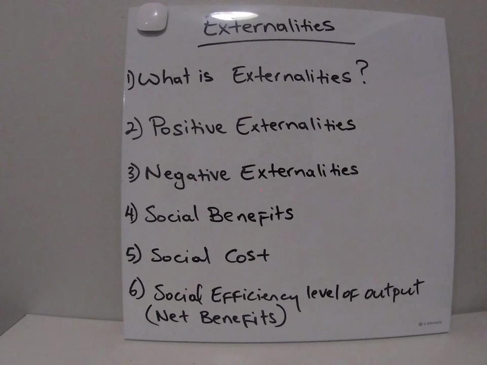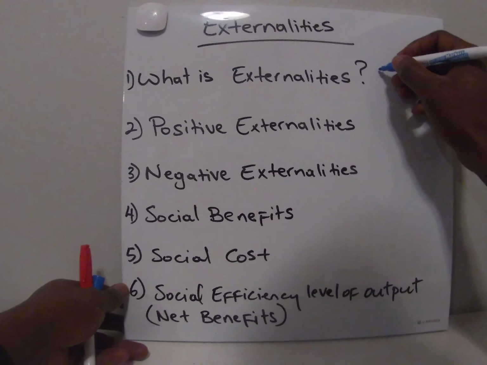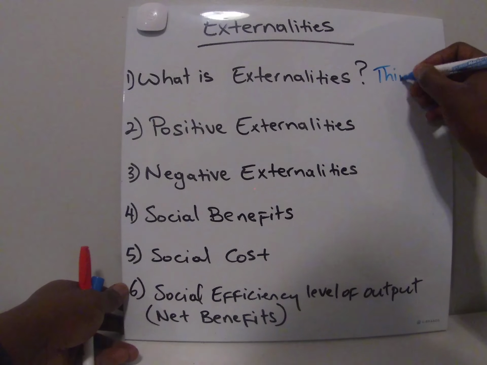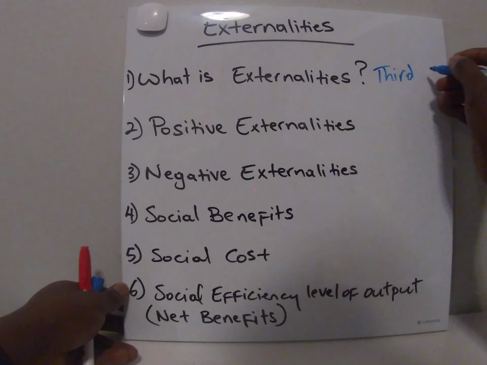So not only the producer or the consumer is affected by certain goods, but there are others that actually get affected by these particular goods or services. That's basically what externalities are, the spillovers that the third party, not the direct consumer or the direct producer, has to bear.